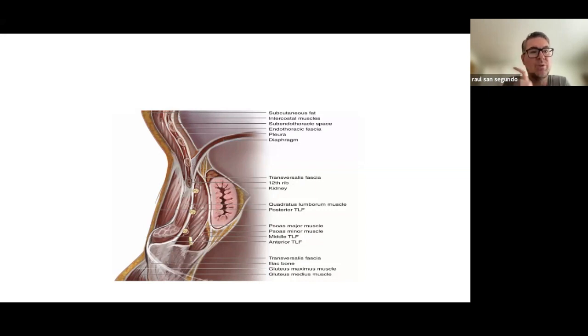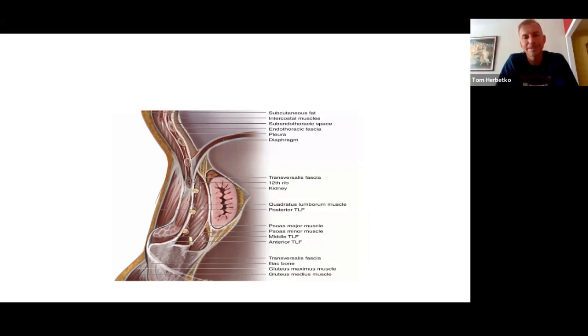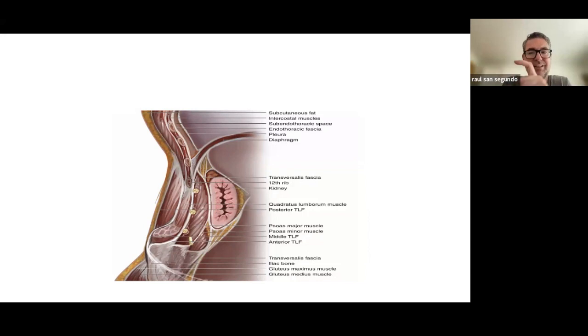When you breathe in and when you breathe out, the kidney moves close to 1 centimeter, and they've seen that when you've got low back pain, that movement is less, it goes worse. The kidney moves less. So that is something we could relate with pain.